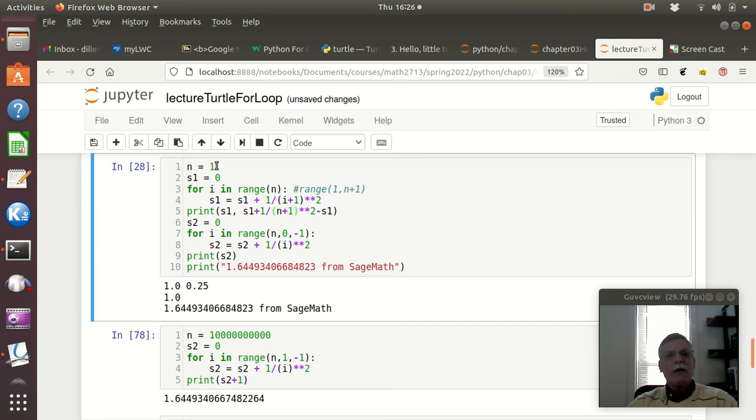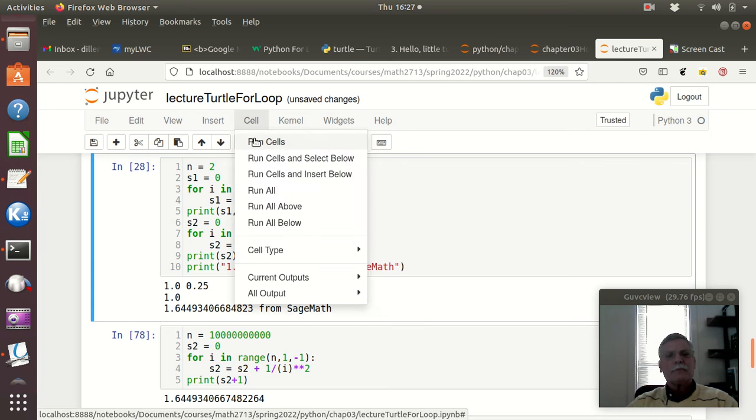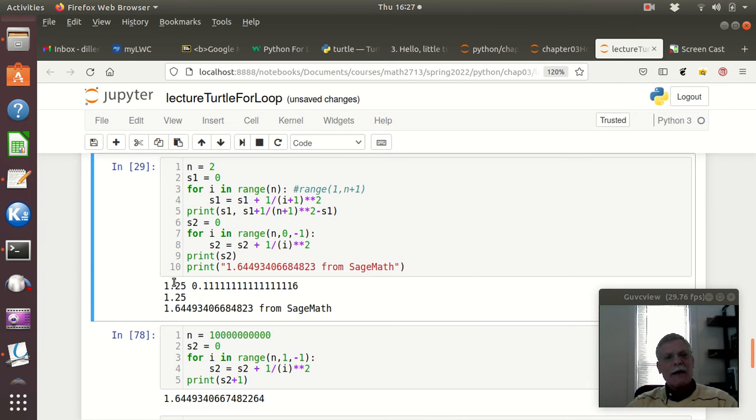And so if I change this to 2 and run it, then I got that 1.25 in both cases. And now this is supposed to be 1/9. It's off a little bit here because those should all be 1s, but again, that's what a computer does. And so I'm getting a little closer to what I'm calling the right answer.